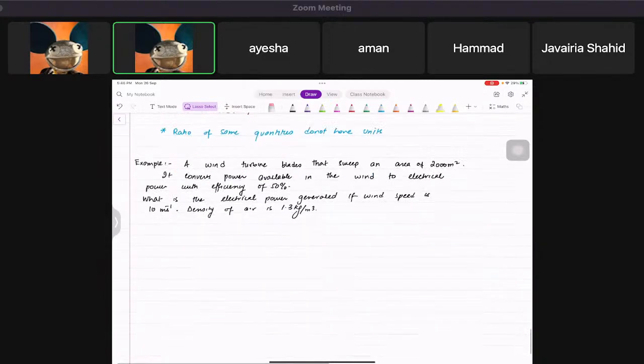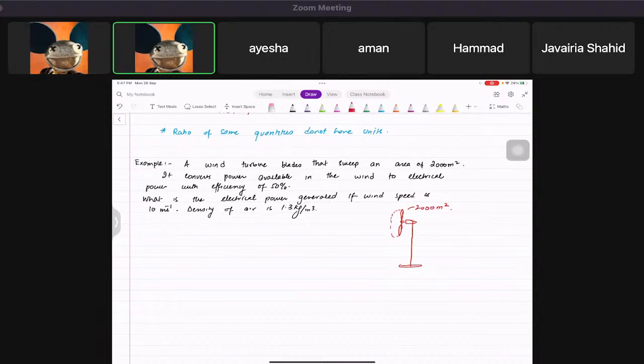So basically what it's saying is that there is a wind turbine. Generally that looks like this. And it says that these blades, when they move in this circle, the area that it sweeps is 2000 meters square.